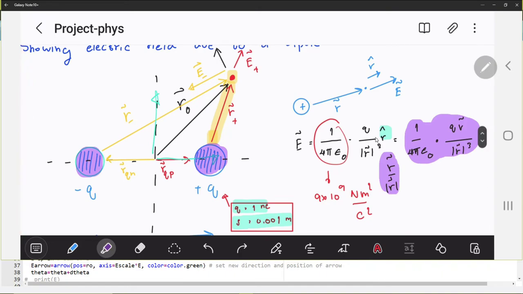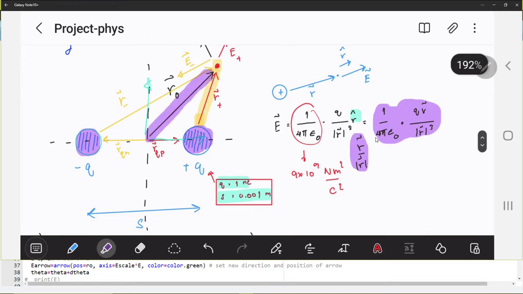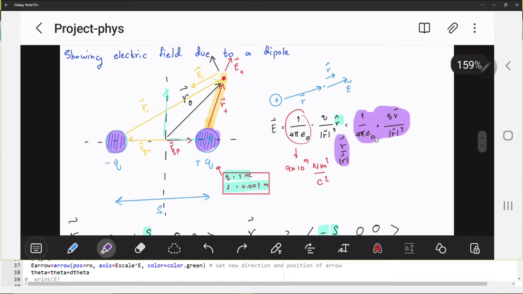Okay, and when you want to find the middle one, it is RO. In the visualization, it will show what direction the electric field goes.